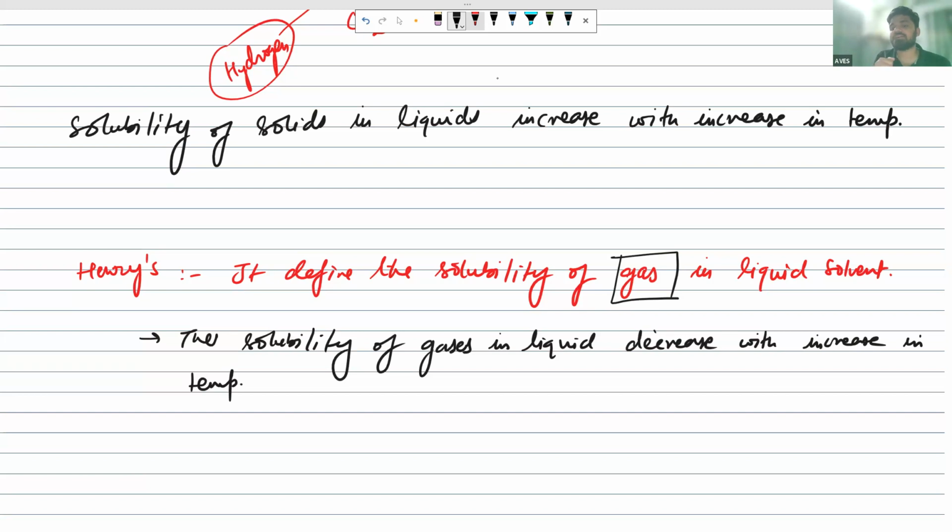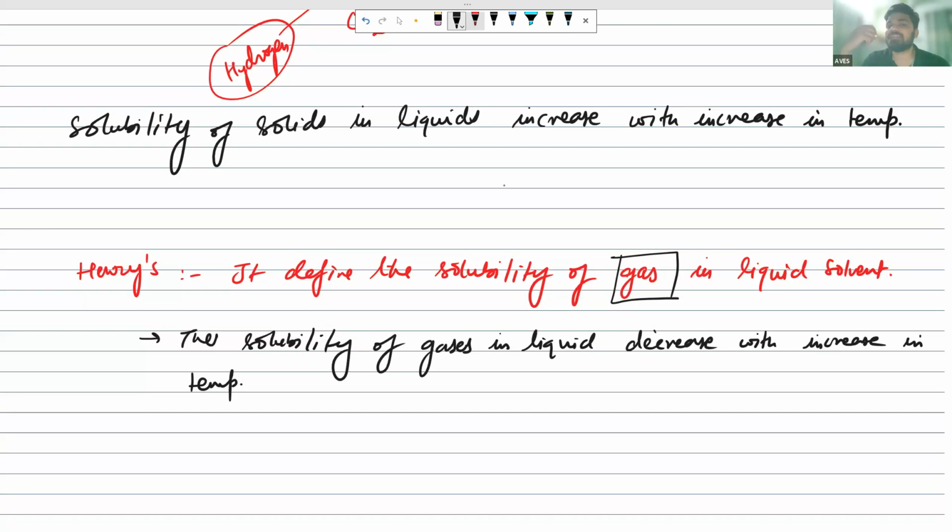Henry's law says that the solubility of gas in liquids is directly proportional to the pressure applied over it. That means the pressure of the gas applied over the surface of the liquid in which we are dissolving.